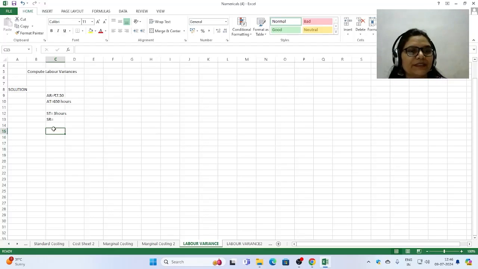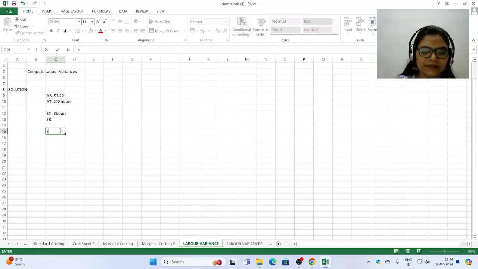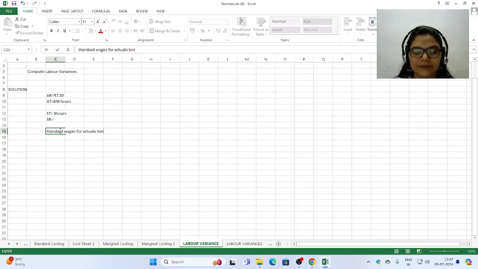We will do some basic calculation. Standard time is given as 3 hours. Standard wages for actual time is equal to standard rate into actual time.